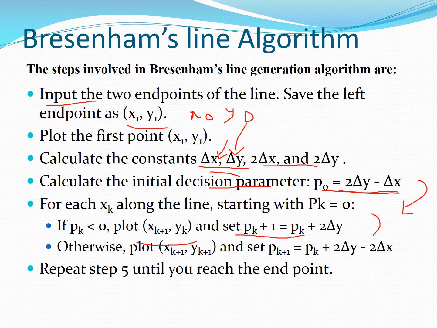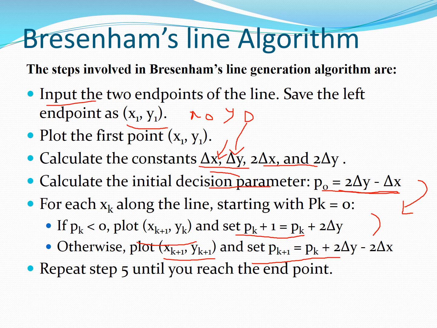This is for a negative Pk. What if we get a positive value of Pk? Then we increment both x and y by 1, that is, x plus 1, y plus 1.